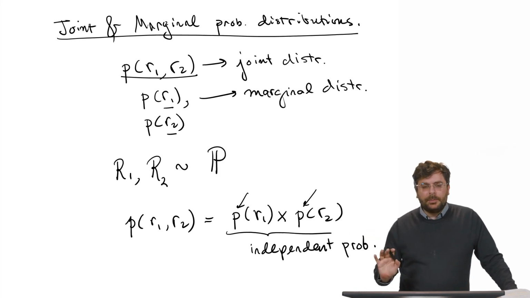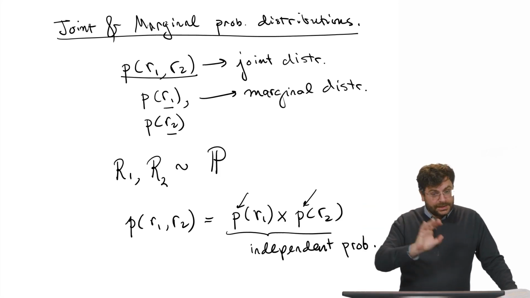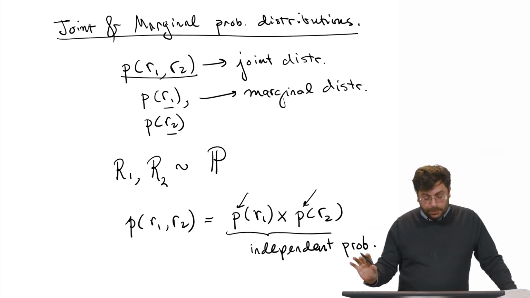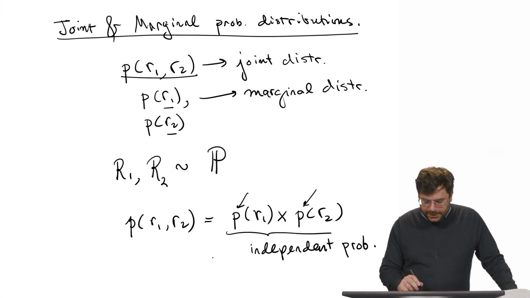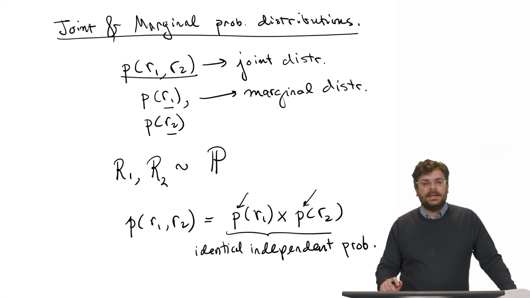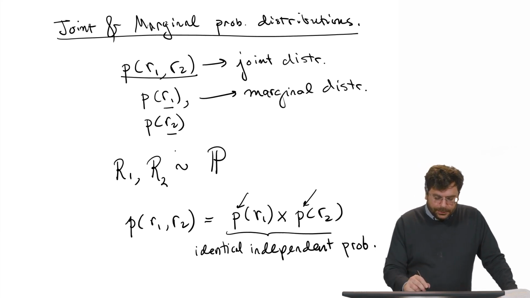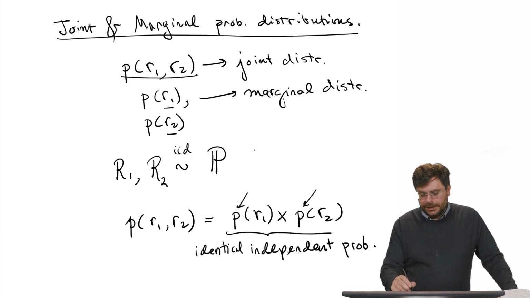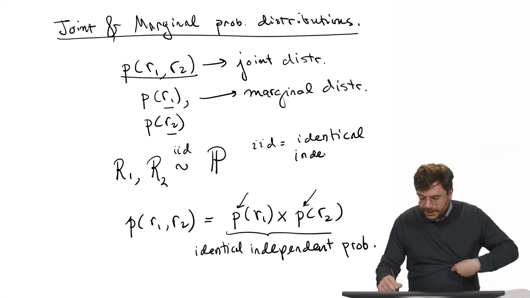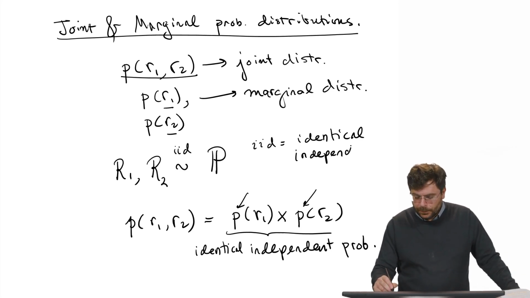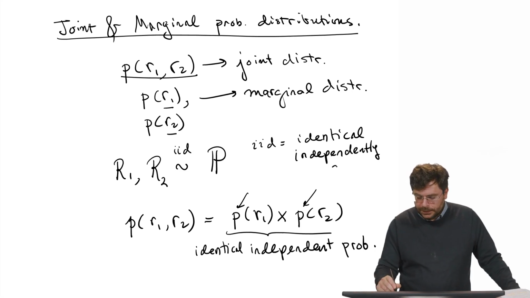Now, if those probabilities are drawn from the same distribution, in other words, the cells, like I said, are of the same type, then we would sometimes say that these are identical independent probabilities, and that our draws, and sometimes people use this fancy word, are IID. IID meaning identically, independently distributed.